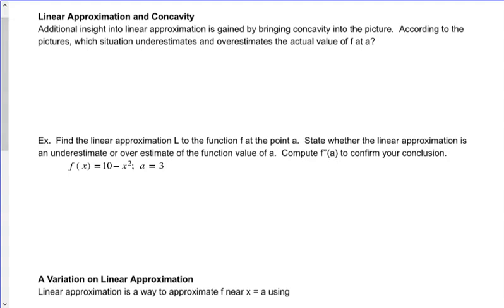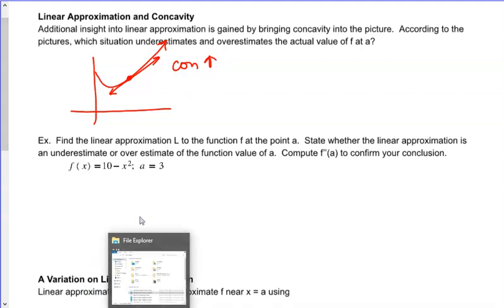According to pictures, which situation underestimates or overestimates the actual value of f at a? So I'm going to draw a picture here, and I'm going to have a function that is concave up. And I have a point at which I'm drawing that linear approximation tangent. For concave up, what do I know about the line L?